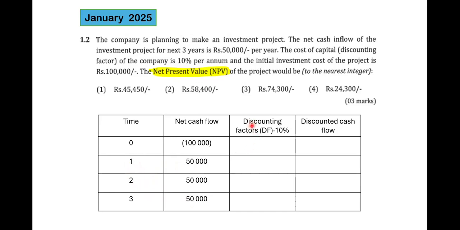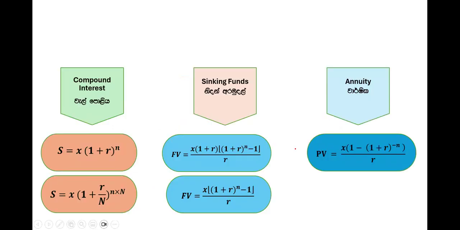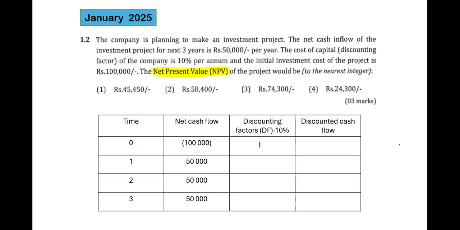Now you can write in this column the discount factors. At time 0, the discount factor is 1. At time 0 the discount factor is always 1. Then how to find the other values? Using the discount factor table, in your exam or study text, you can find the discount factors.